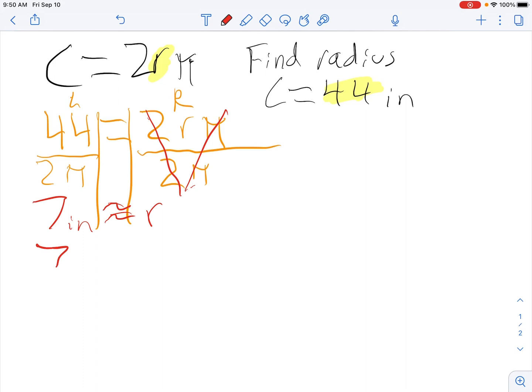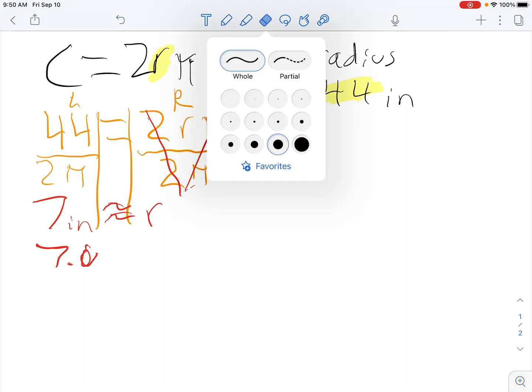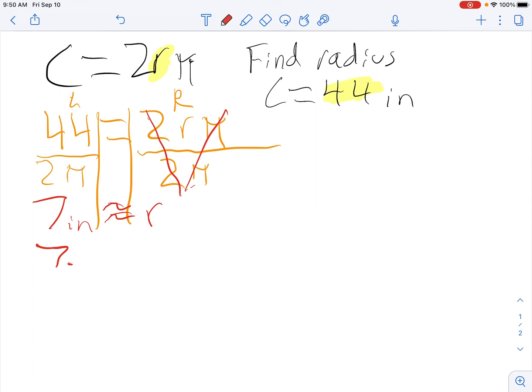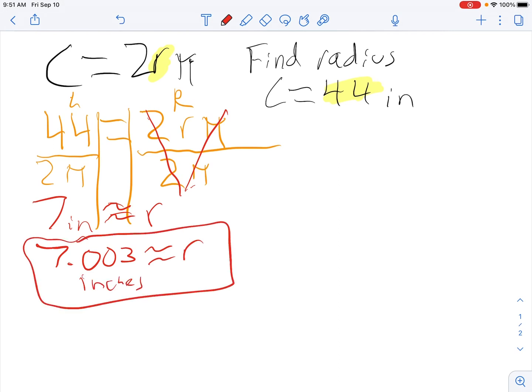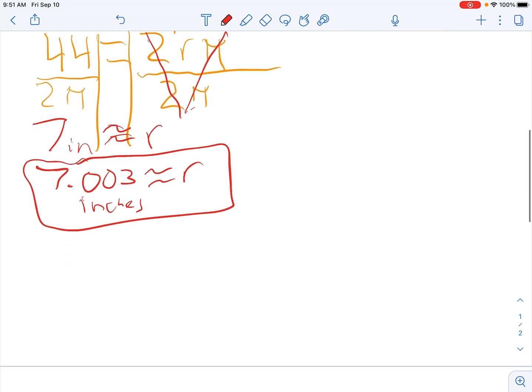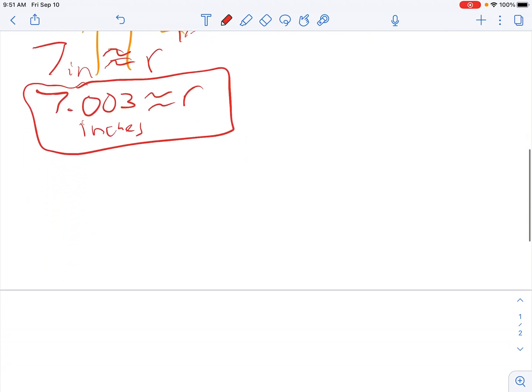You could round that up and say 7.003, but because we have the word approximately, 7 is fine. On an exam, I would tell you specifically if I wanted you to round to 2 decimals, 3 decimals, something like that. So that's our first example.